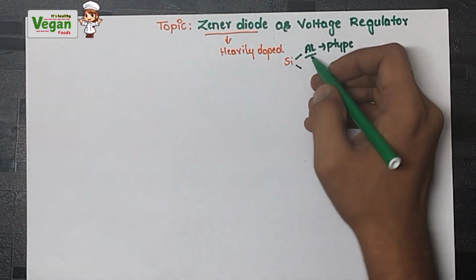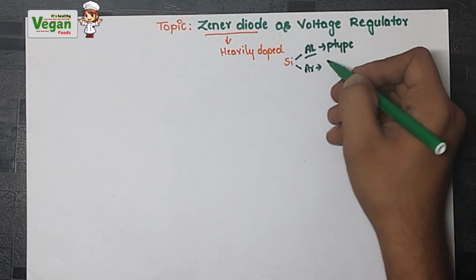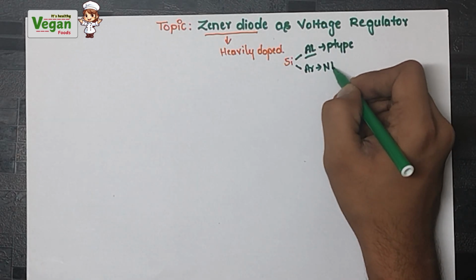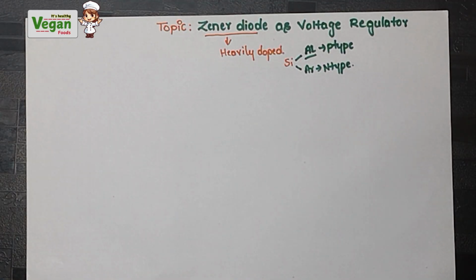Next, it may be a 5 valence electron impurity, that is arsenic. It is called a pentavalent impurity, n-type. So they introduce impurities into semiconductors in order to increase their conductivity. This Zener diode is heavily doped in order to increase its conductivity.